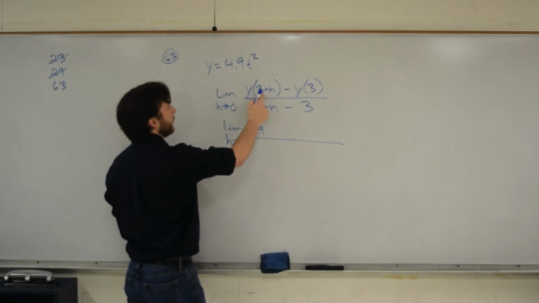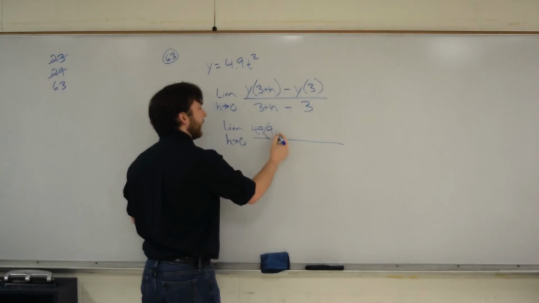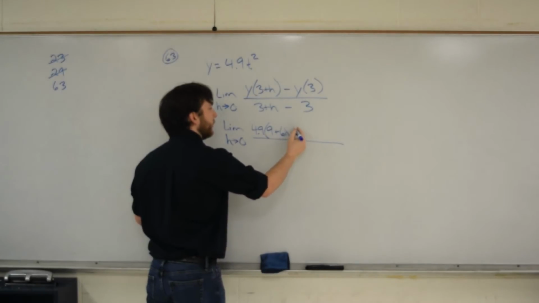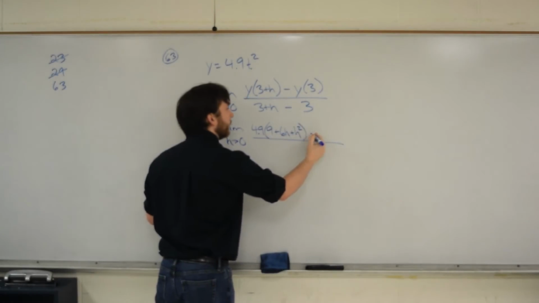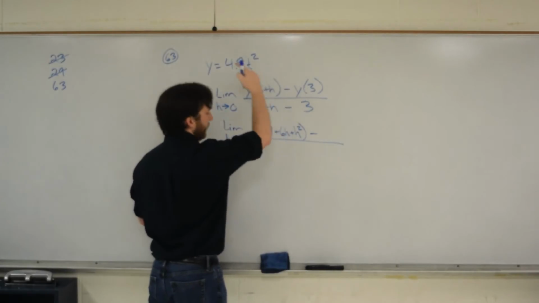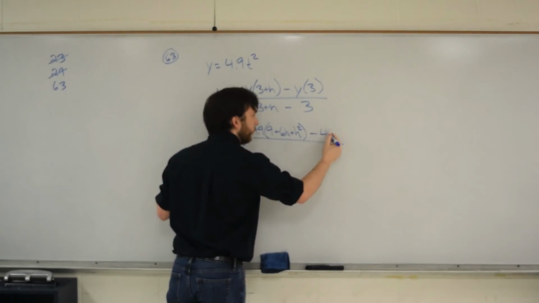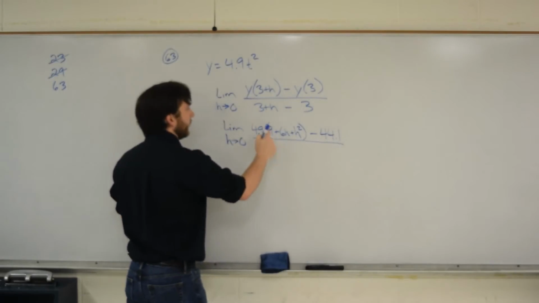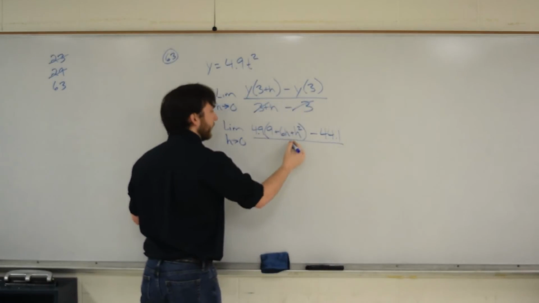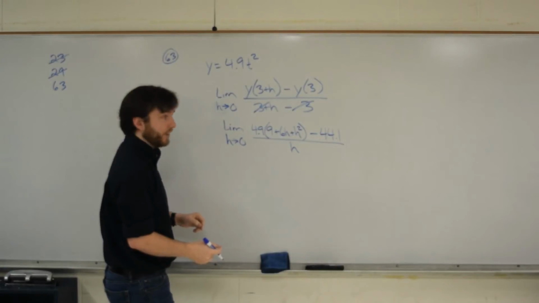Let's see, if we're squaring 3 plus h, I think that'll give us 9 plus 6h plus h squared. We already know what we get when we plug 3 in. We did that. That was 44.1. And I'm going to go ahead and cancel those out. Our denominator is just h.